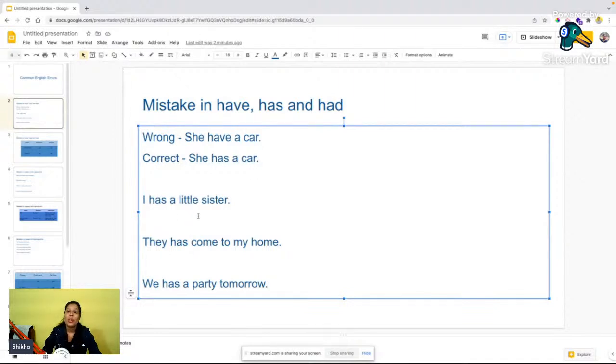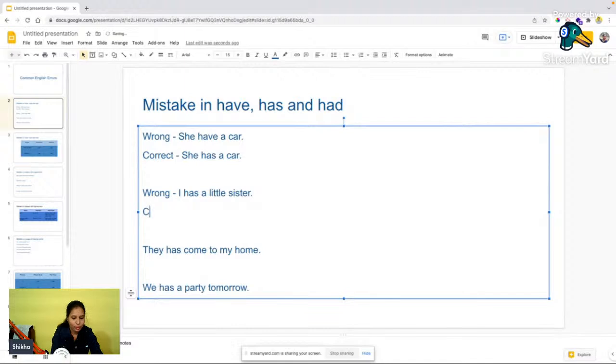So by now, you might know what is the mistake in it, isn't it? So tell me, what is the mistake? Yes? Okay, I know that you might know till now that we have to use have here. So this sentence is wrong. And what is wrong here? You already know it. So what is the correct form of this sentence? Let me enter and write the correct form.